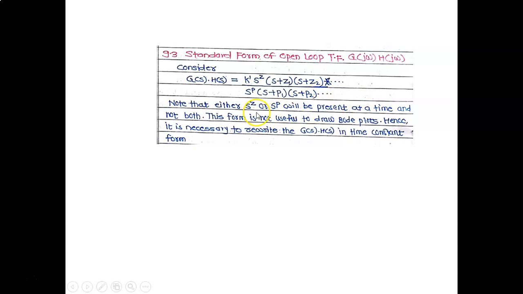Note that either s raised to z or s raised to p will be present at a time and not both. This form is not useful to draw Bode plots, hence it is necessary to rewrite G(s)H(s) in time constant form.